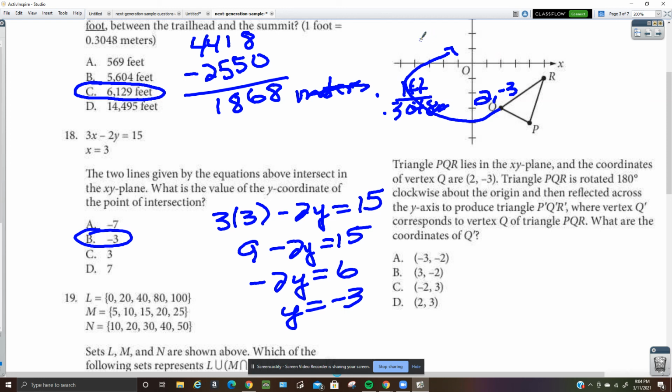That would be -2, +3, and then reflect that across the x-axis. So opposite of x, same y. Get 2, 3 there.